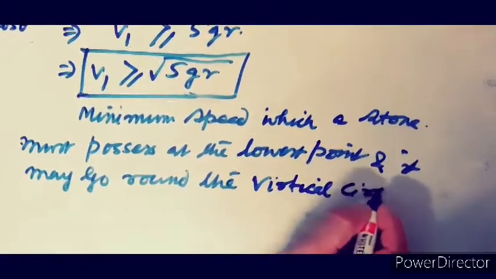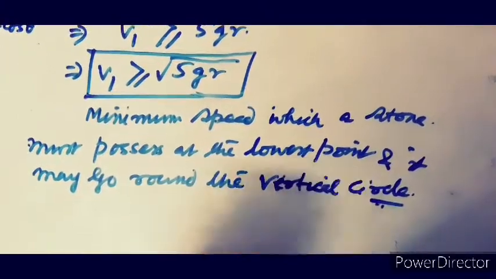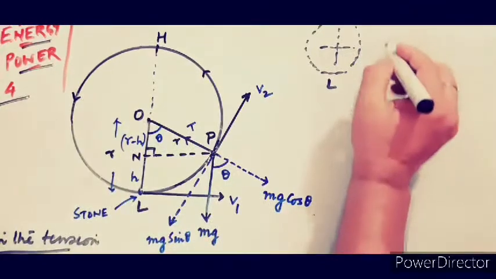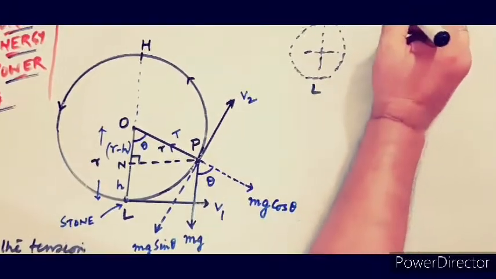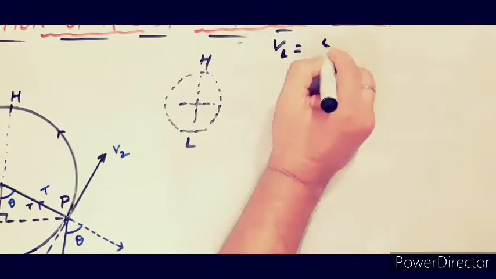Vertical circle. So what we got here, V at the L point, lowest point, should be under root 5gr.